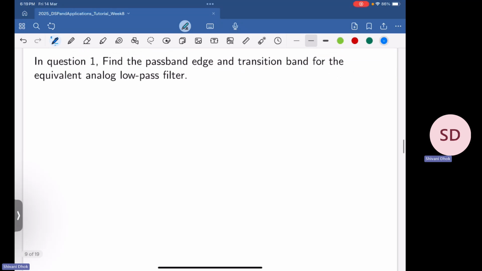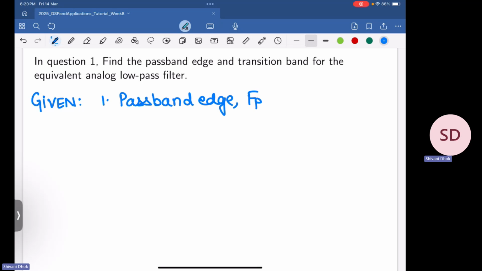First, the passband edge, which is 4 kilohertz.